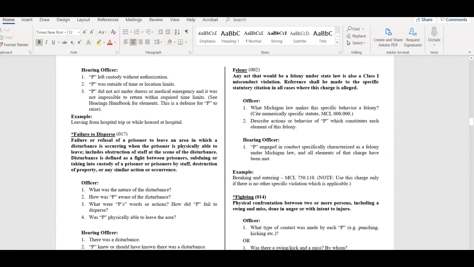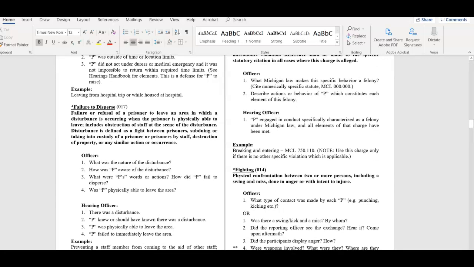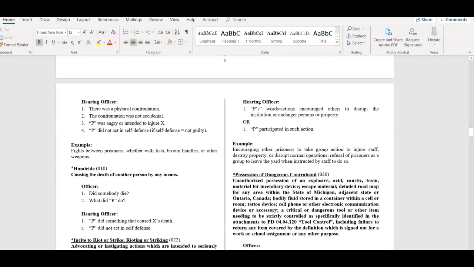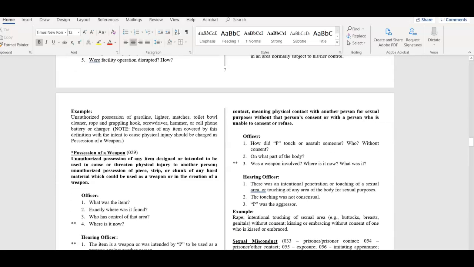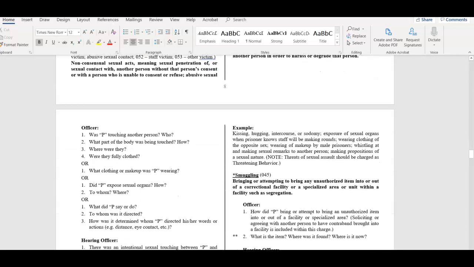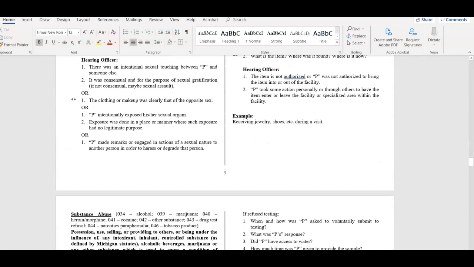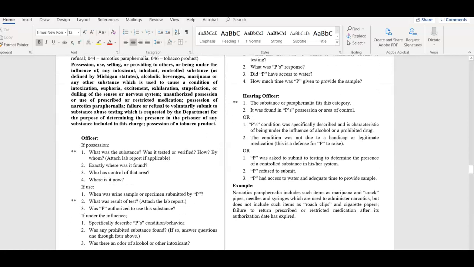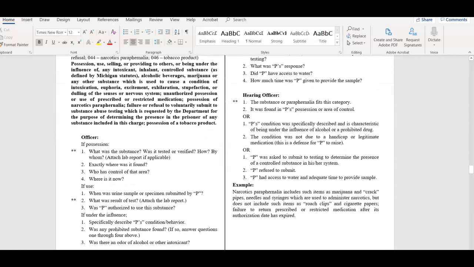Each charge will have these questions, and that's what you want to review before you write your misconduct reports. And so we're going to go over several types of misconduct reports, and you're going to have to decide. So you use this book to decide what to charge.